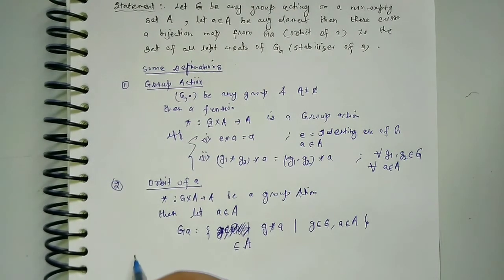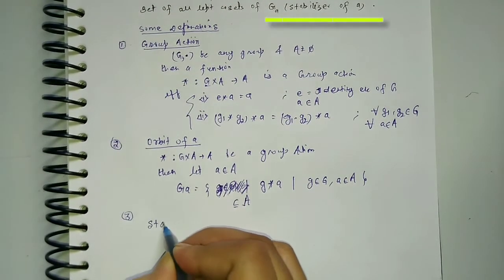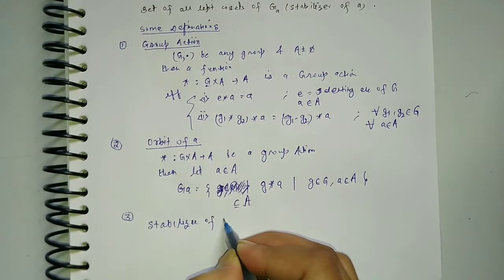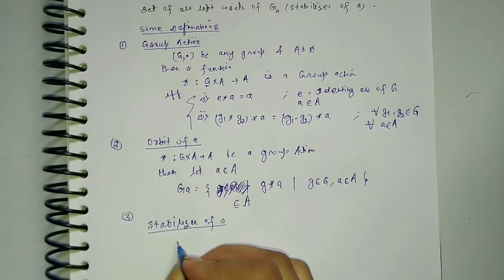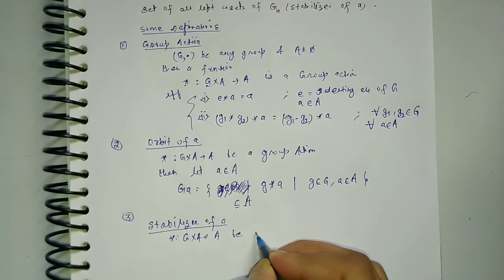Now the third definition is stabilizer of a. Again let star from G cross A to A be a group action.